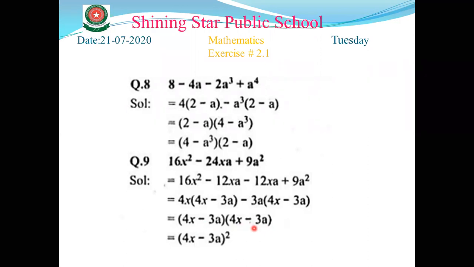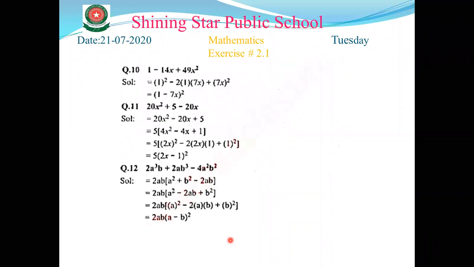So we will write 4x minus 3a whole square, as we know that 5 multiply 5 is 25, and we can also write 5 multiply 5 equal to 5 square. Okay, let's take another example. When we write 2 multiply 2, it equals 2 square. So the same we do in this question, 4x minus 3a multiply 4x minus 3a. Both are the same, so that's why we write here square.